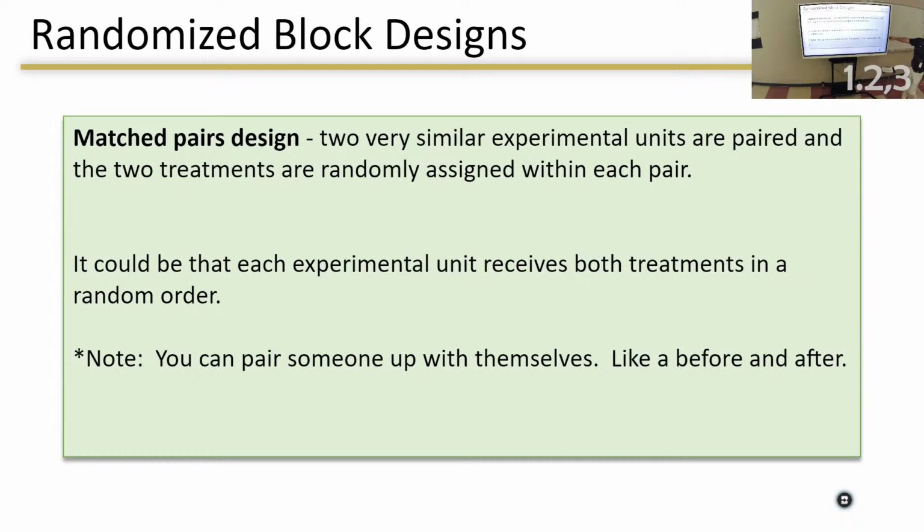Just make sure you use the word random. Randomly assign them. Randomly assign 1 to 1 and 1 to the other. Matched pairs. This doesn't show up a whole lot.